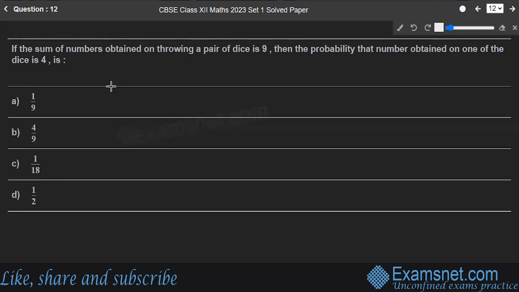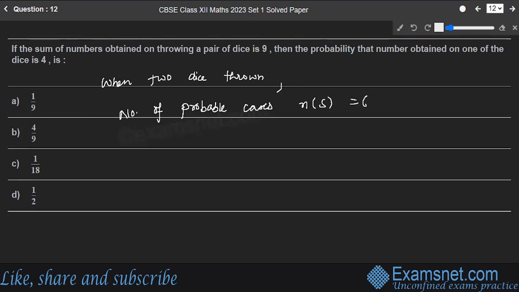When 2 dice are thrown, the number of probable cases is 6 into 6, that is 36.